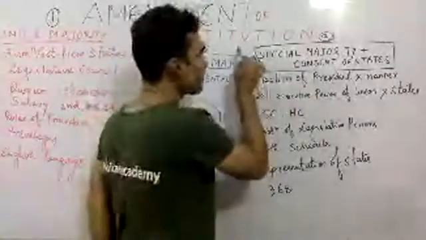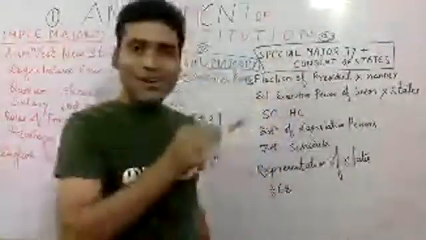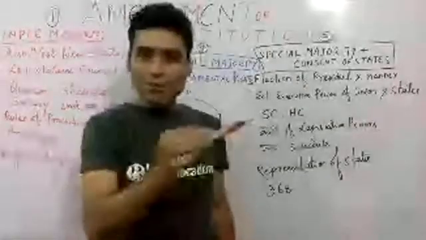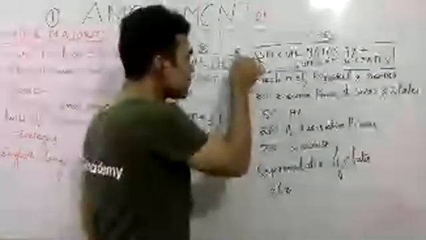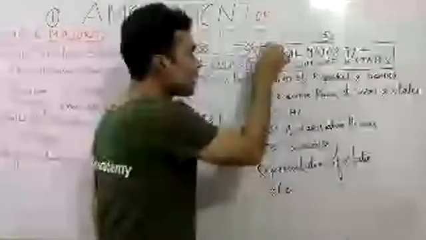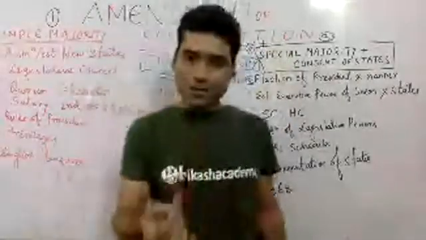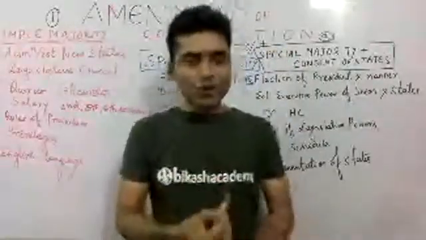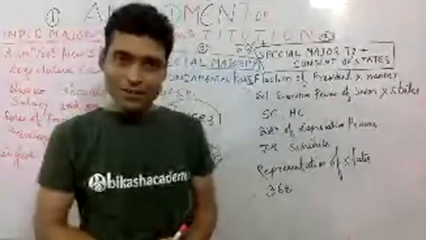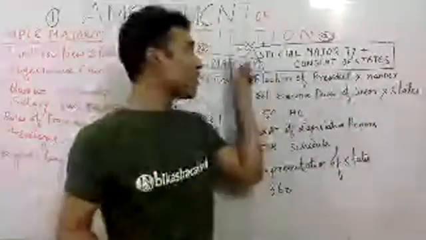Special majority means, suppose in Lok Sabha we have members sitting, and if it is 50% plus, more than 50%, we call it special majority. Sometimes we also call this two-third majority, which is definitely more than 50%.